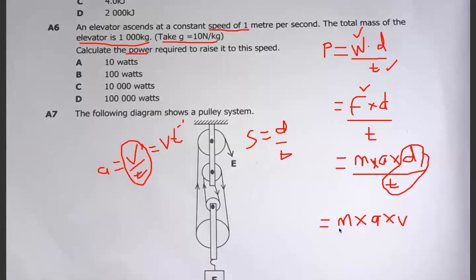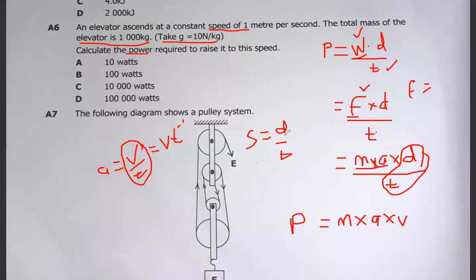Allow me to go through again. Power is equal to work done over time. And work done is force times distance, over time. Force is equal to mass times acceleration, so mass times acceleration represents the force, times distance over time.